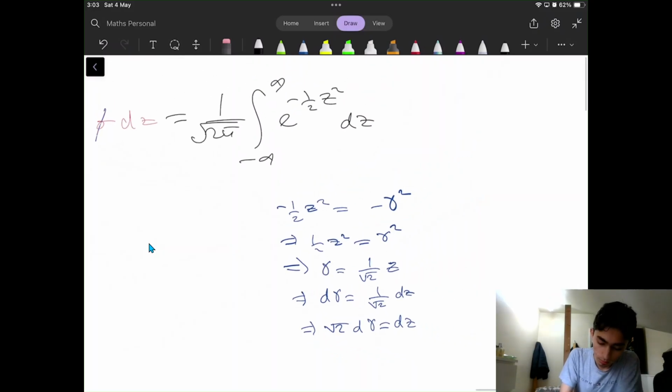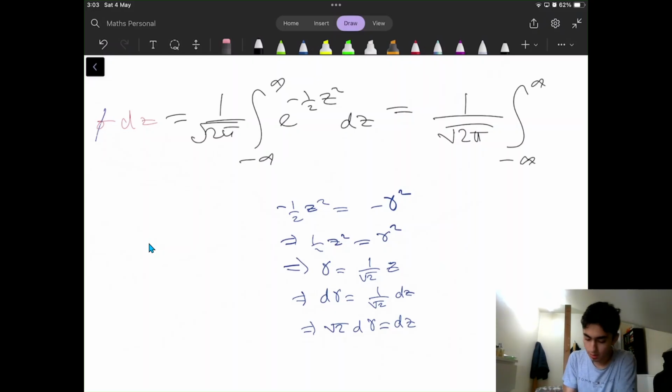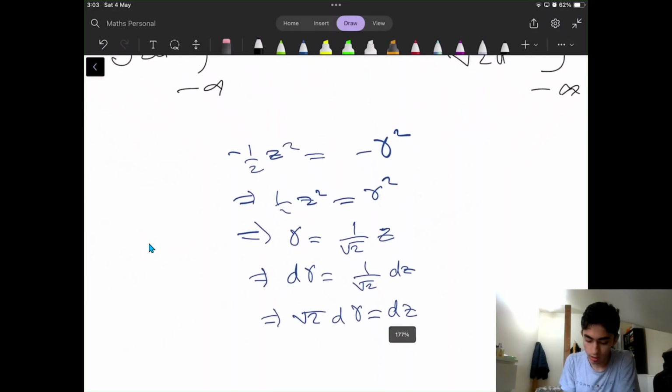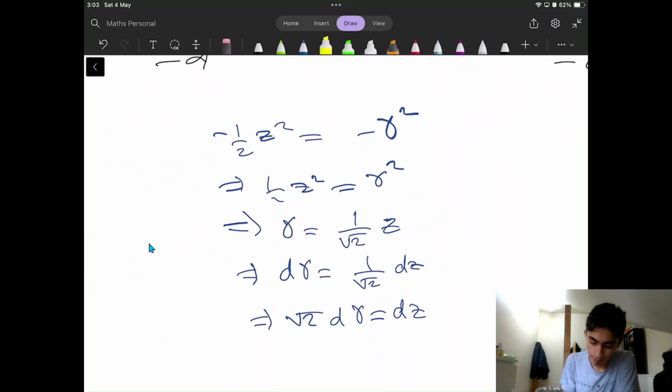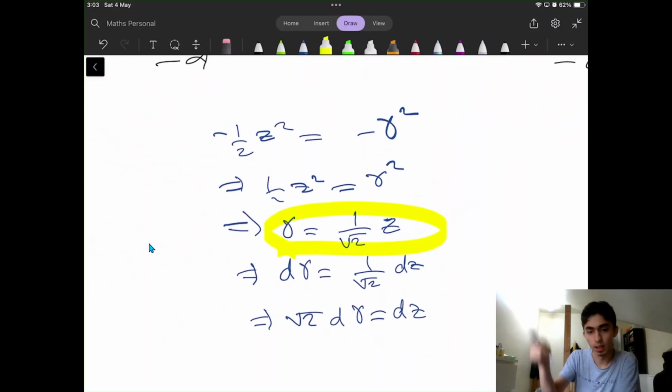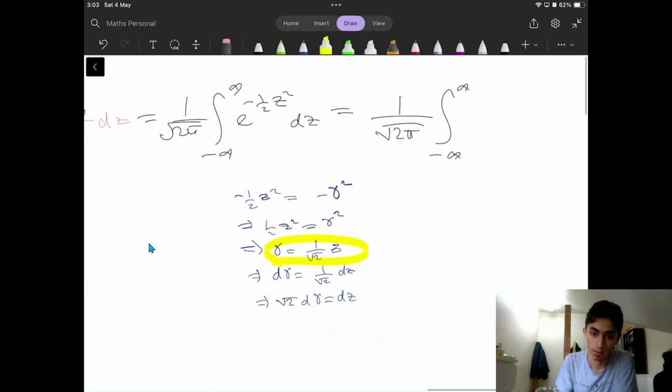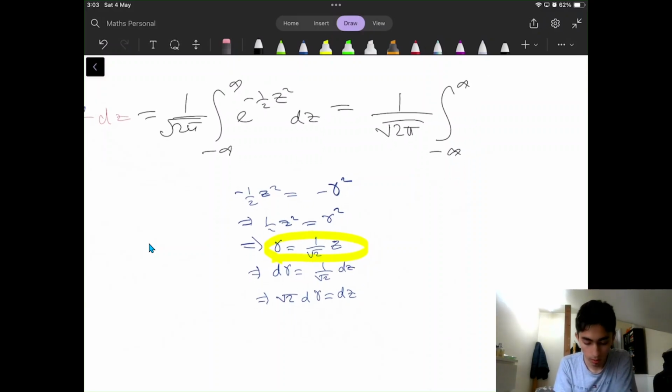Finally, this integral can be written as 1 over root 2 pi times the integral going from negative infinity to infinity. The reason why the limits of integration don't change is the same reason as before: gamma and z are directly proportional to each other with a positive factor of 1 over root 2. So the integrand, e to the negative half z squared, is e to the negative gamma squared, thanks to our substitution. And dz was just equal to root 2 d gamma.